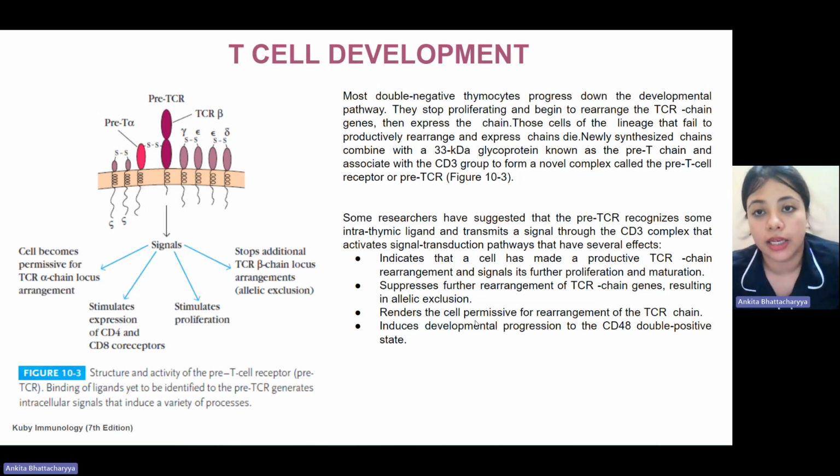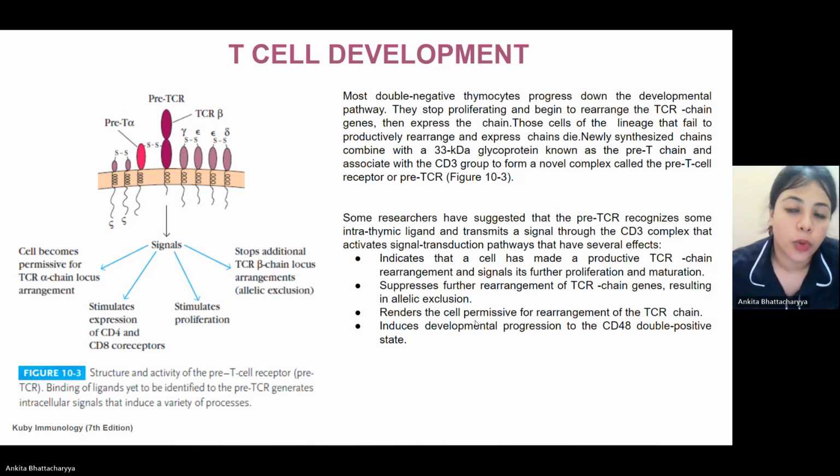So most double negative thymocytes progress down the developmental pathway. They stop proliferating and instead they shift their focus towards rearranging the TCR chain genes. What does that do? That helps in expression of the TCR beta chain genes.